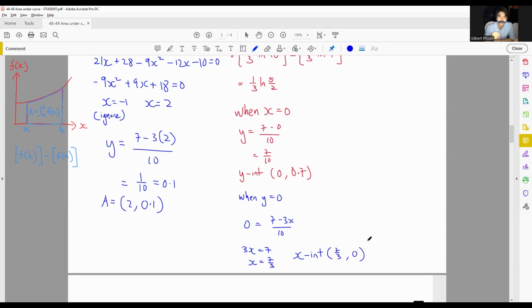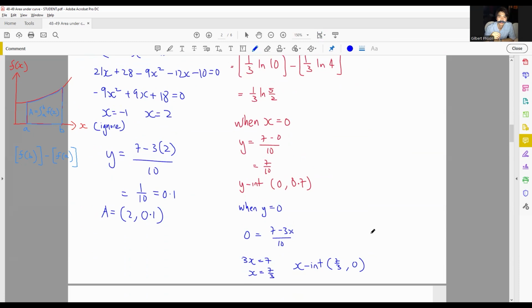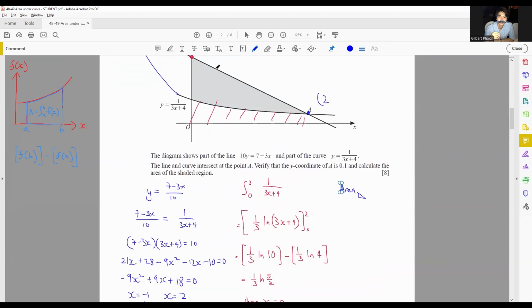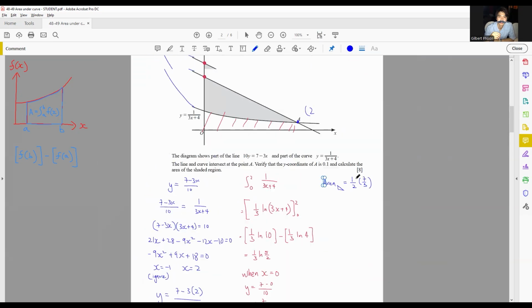Okay, now to find the area of the big triangle, this one here, is going to be half times the base, which is mentioned earlier, which is going to be 7 over 3, times the height, which is 7 over 10.